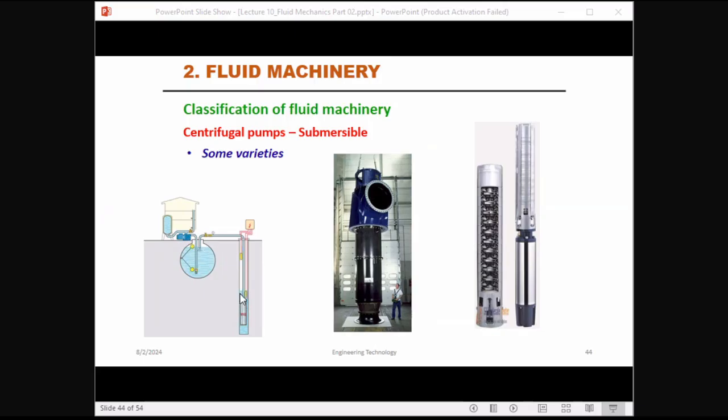Then this is the suction line, the outlet line. Then you can fill a tank here. After that, using another centrifugal pump, you can pump this water for other purposes.